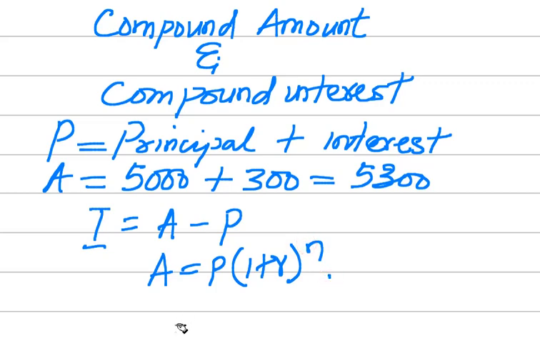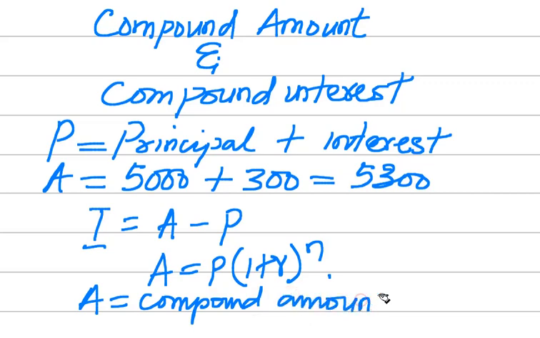You see, this is a very simple formula. A is the amount. A is the compound amount. A is what you are really looking for.